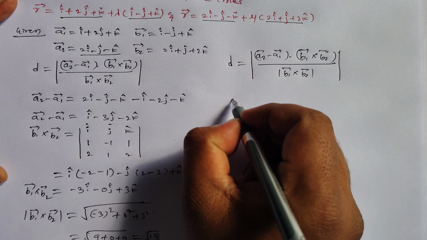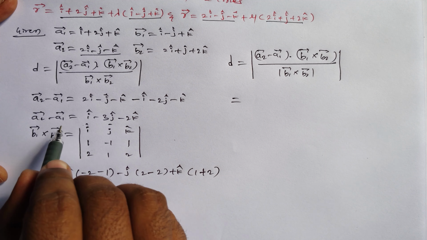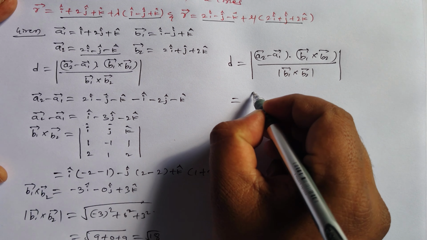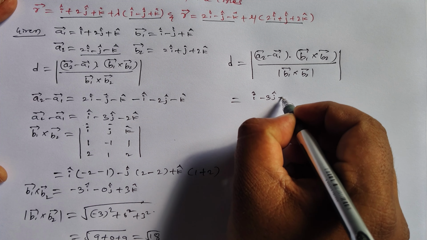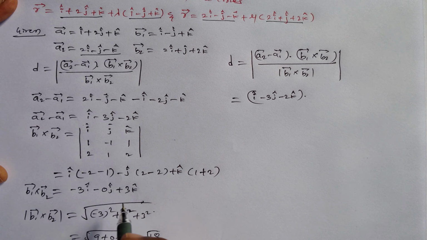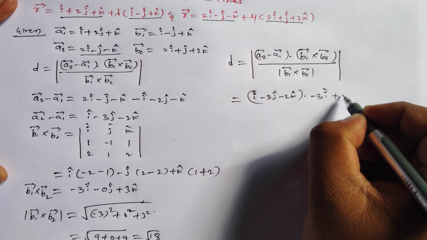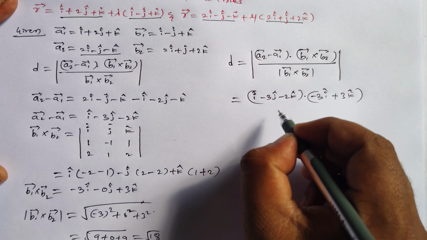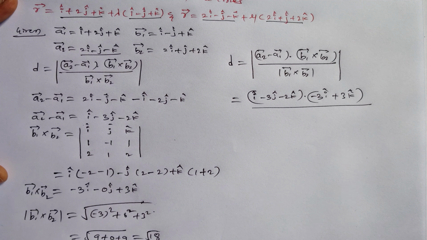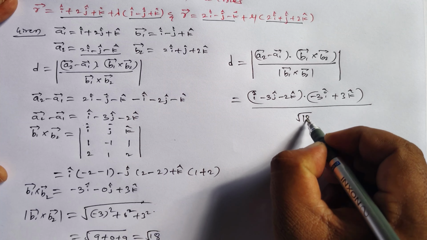Okay, modulus. So what is a2 minus a1? a2 minus a1 is equal to I minus 3j minus 2k, dot b1 cross b2, which is minus 3I plus 3k, divided by the magnitude of b1 cross b2, which is root 18.